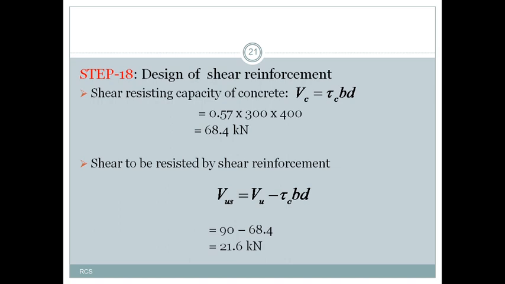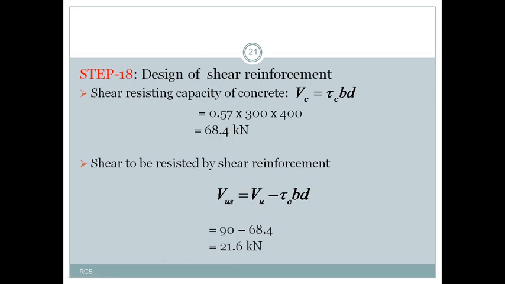What we calculated so far is the factored shear force. That shear force has to be resisted by the total RCC beam, but some amount of shear force is resisted by concrete, and the remaining amount should be resisted by the provided shear reinforcement. So we have to calculate shear reinforcement with respect to its resisting capacity.